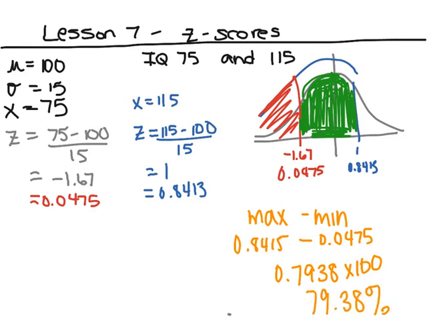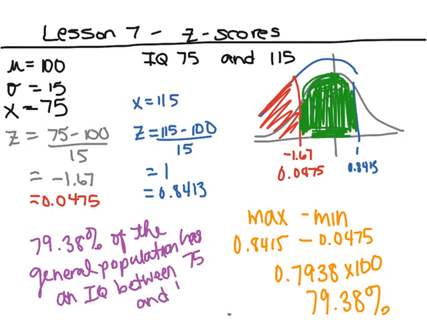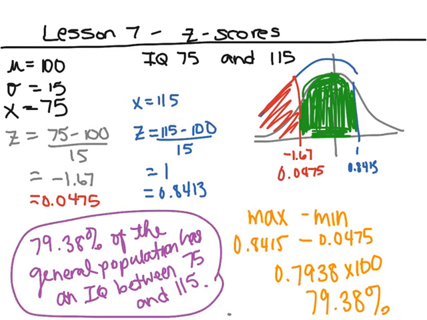So to write your final sentence, 79.38% of the general population has an IQ between 75 and 115. So there you go.